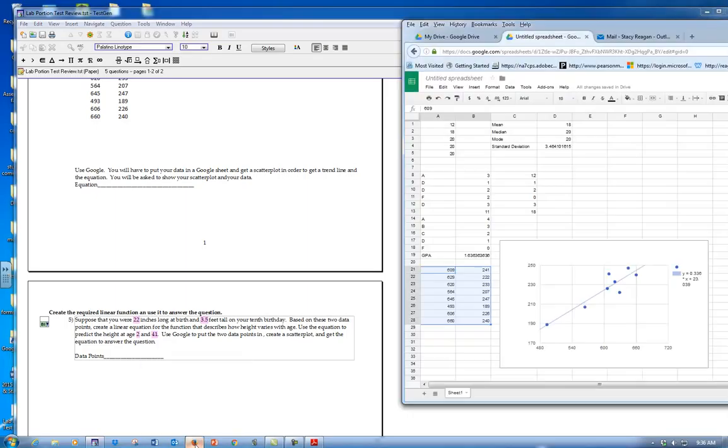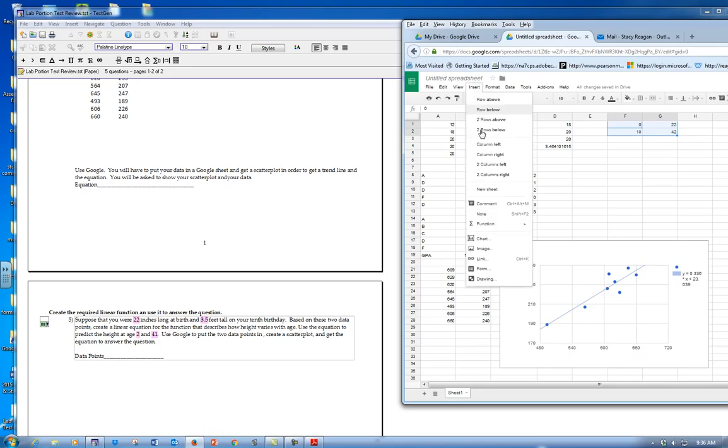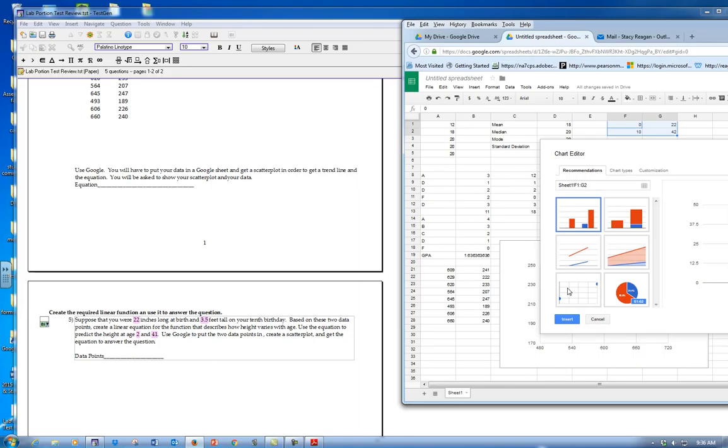You're going to go into Google, and I'm just going to go back up here and type 0 and 10. Those are my two ages. 22 and, what did I say, 42. Those are my heights. I'm going to highlight, insert, chart, scatter plot.